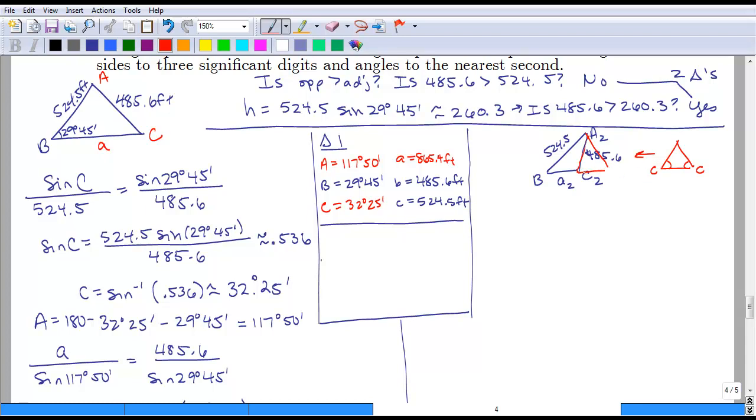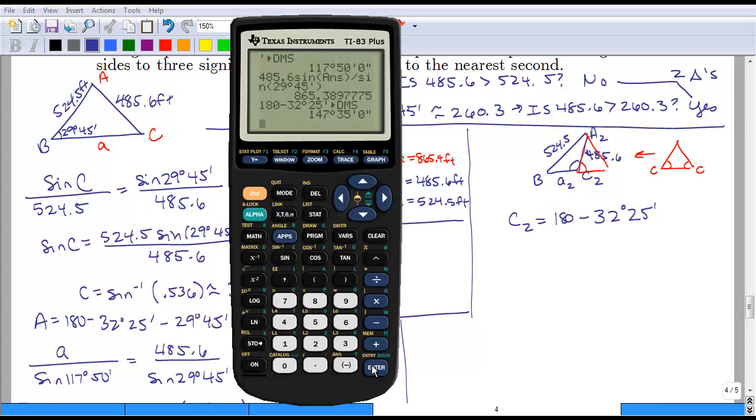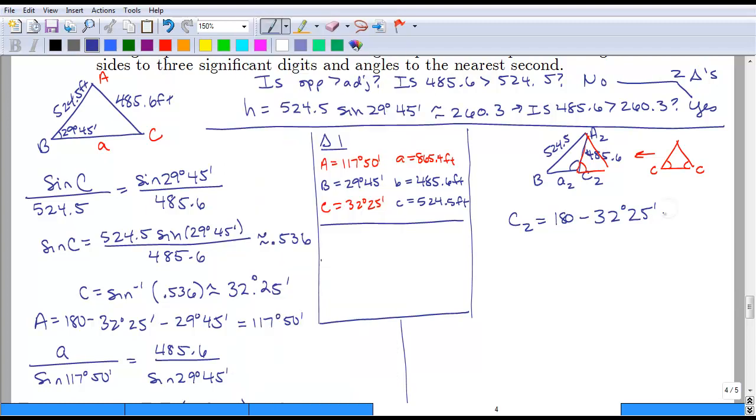If this is the case, then we can easily find C2 because it is the supplement of angle C. So C2 is going to be 180 minus the angle C we found before, which is 32 degrees 25 minutes. Again, that's because this triangle fits over here. We've got angle C, so angle C2 would be the supplement because there has to be a straight line to get up to 180. We end up with 147 degrees 35 minutes.